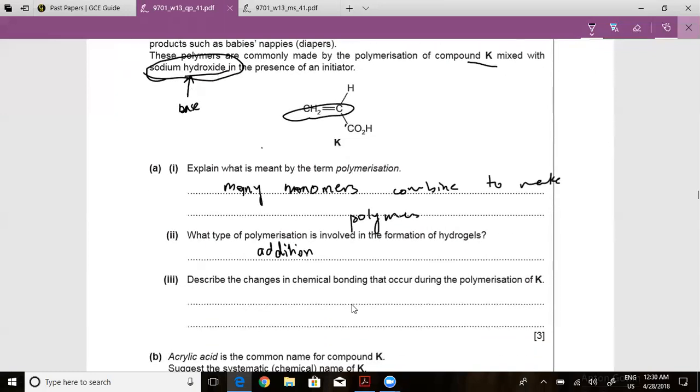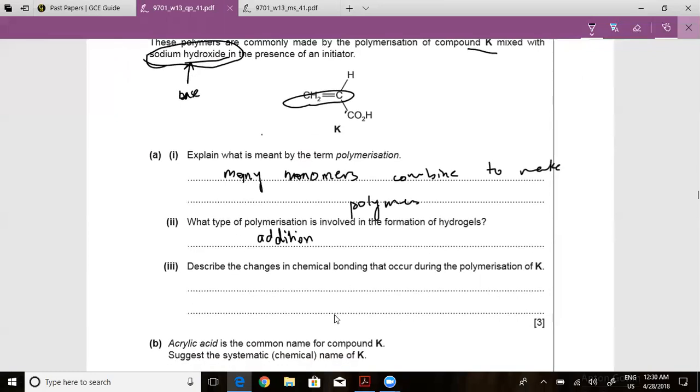Describe the changes in chemical bonding during the polymerization of K. Changes in chemical bonding. So here this is sp3. I think no, this is an sp2 carbon. This is an sp2 carbon that goes to an sp3 carbon. So double bond to single bond.